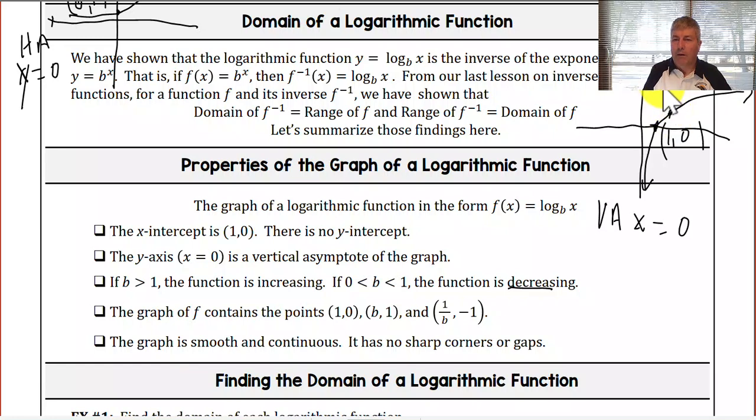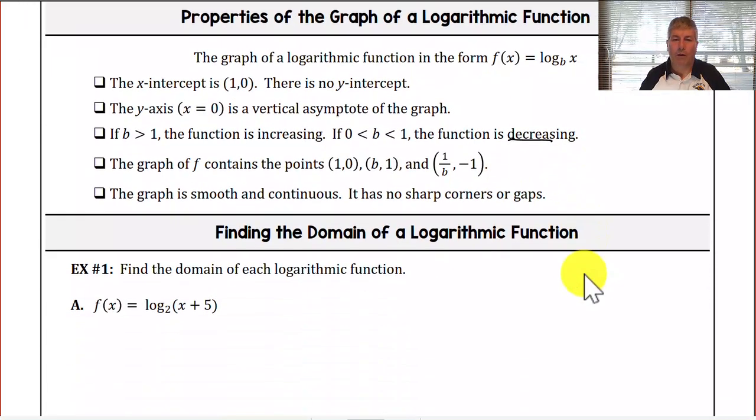So this point here would be b, 1. And then 1 over b, negative 1 is going to be down here. The graph is smooth and continuous. It has no sharp corners or gaps.